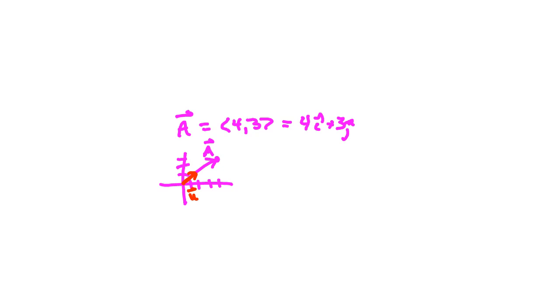So once again, the same theta that we came up with by taking the inverse cosine of 4/5 is the same theta as for the unit vector as well.